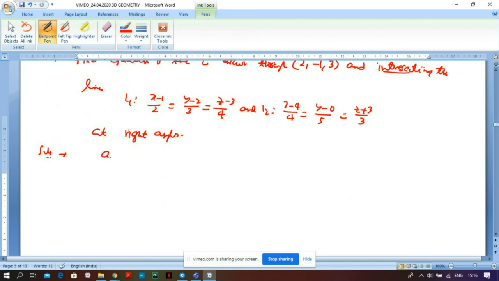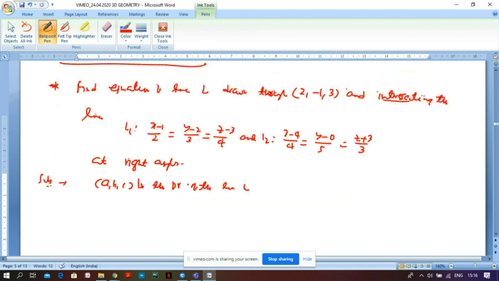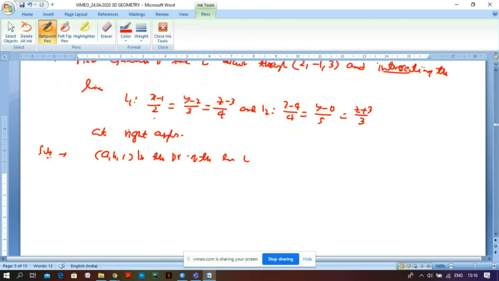Okay, let a, b, c be the DRs of the line L. Because lines L1 and L2 have been given in symmetric form, I readily know the direction ratios.